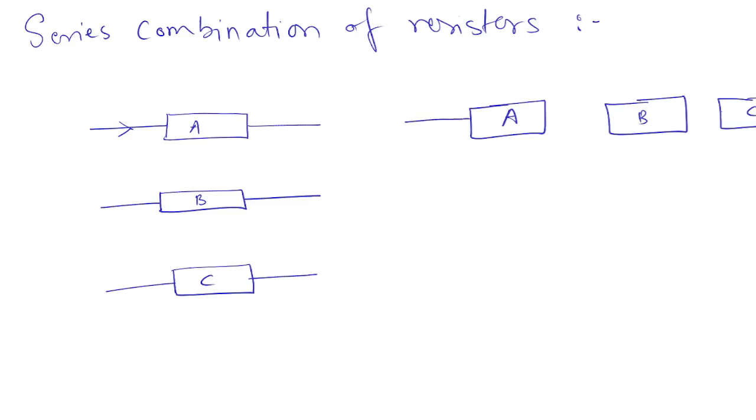So here A is connected to B, B is connected to C, and the last end of C is open, and the first end of resistor A is also open. So this is called a series combination of resistors, but it may not be clear to you. Let me explain in a better way.